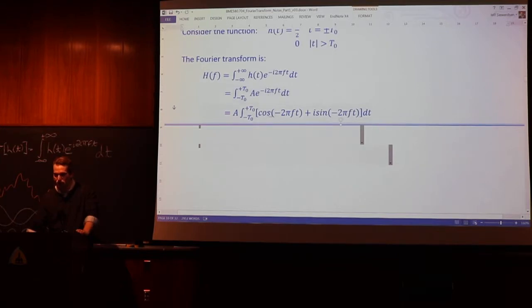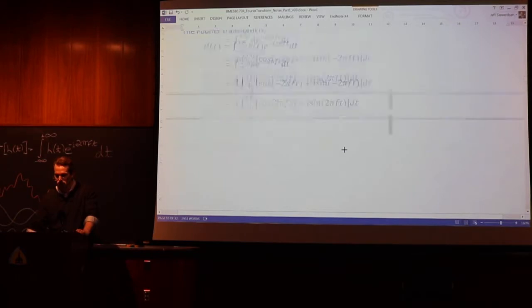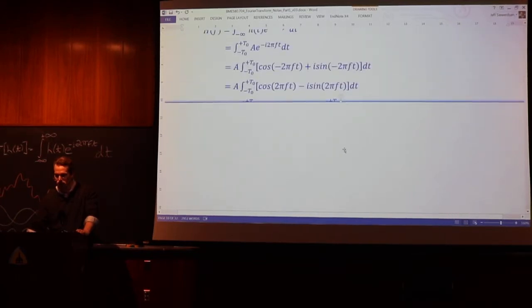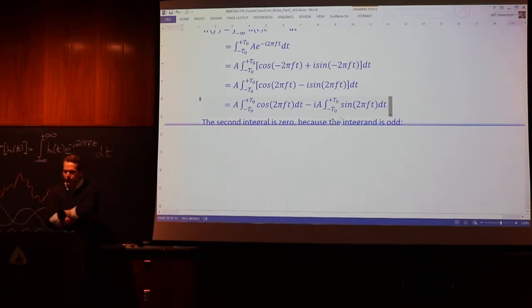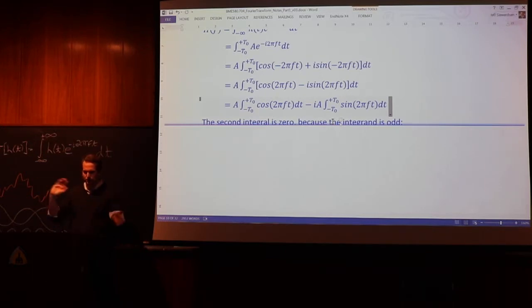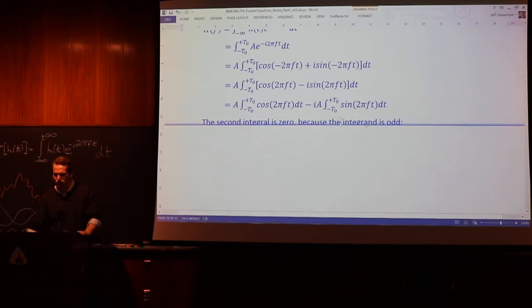Pull the a out, plug in the complex exponential. The sine of negative, it's just a negative sign. There we are. The integral on the right is 0, right? Integral of sine between plus and minus limit is 0. So we're going to be left with just the one on the left.